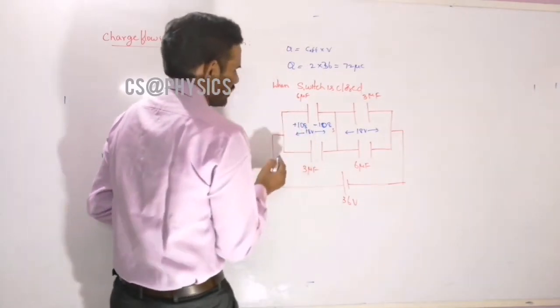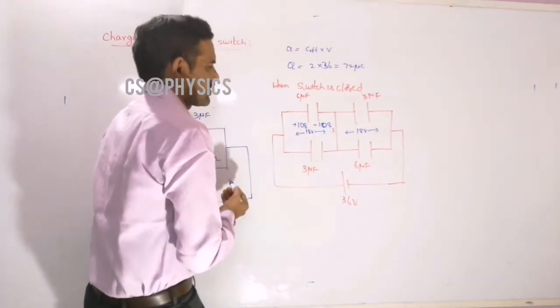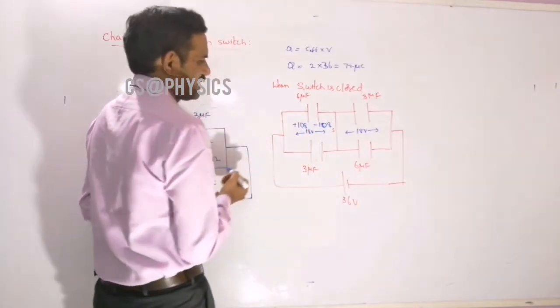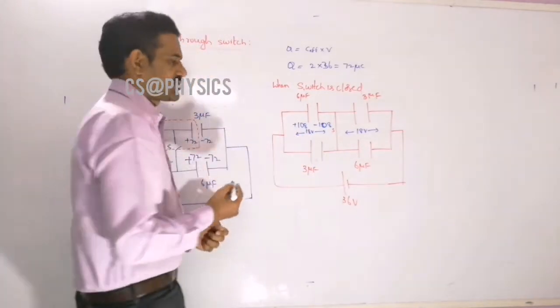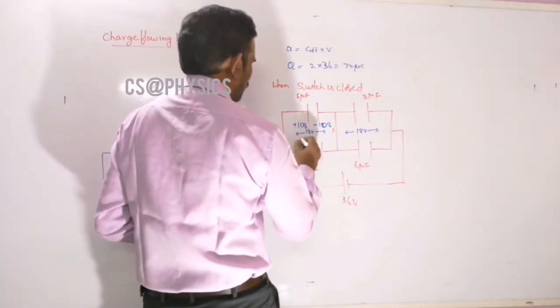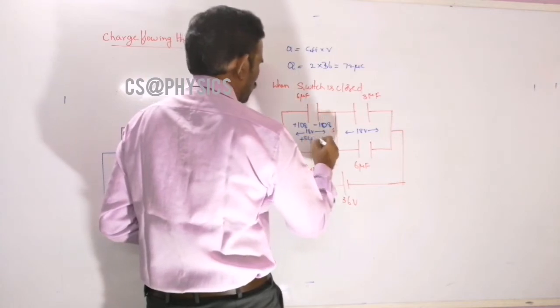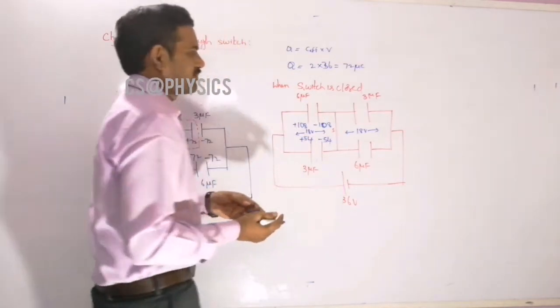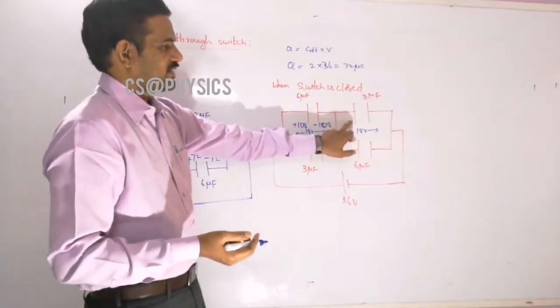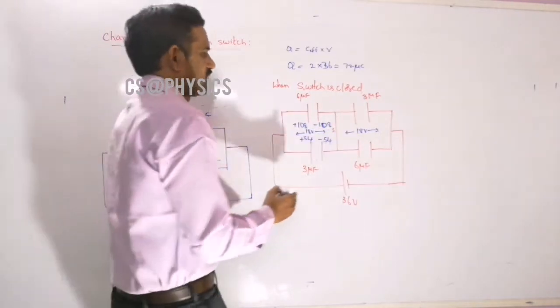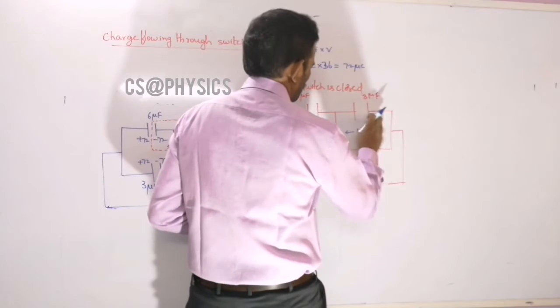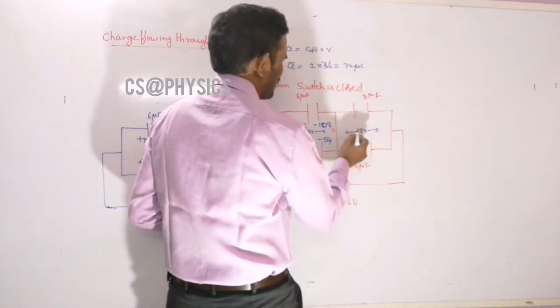And next similarly here, this below capacitor will be 18 into 3, which is 54. So it is plus 54, minus 54. And next similarly let us calculate the charge on this capacitor here. The charge on this capacitor I can write as 18 into 3.